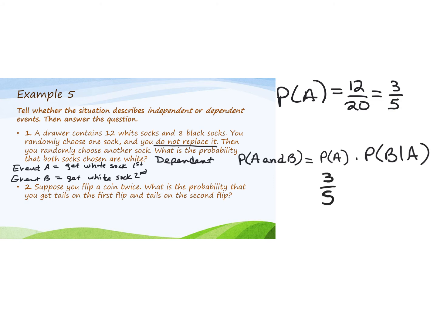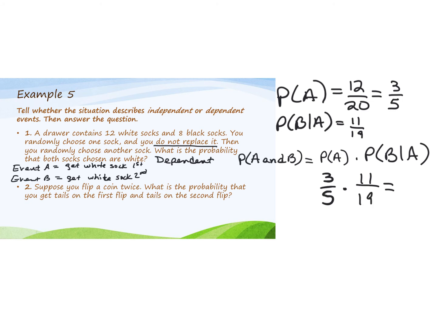Now, the probability of event B, given that A happened, remember you're going to assume that when event A took place, you got that white sock. So now there's only 11 white socks left and a total of 19 socks left in the drawer. You'll take that probability and multiply it with the probability of A.